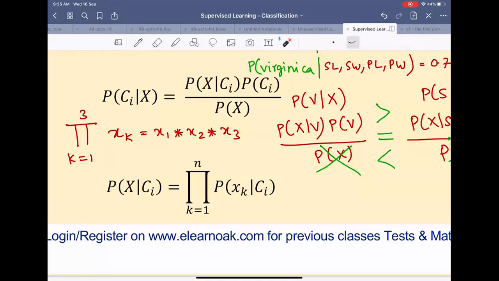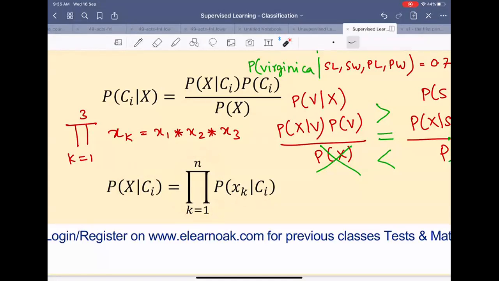Okay, sorry. So the probability of a capital X given a class is the product of the probabilities of individual features given a certain class.